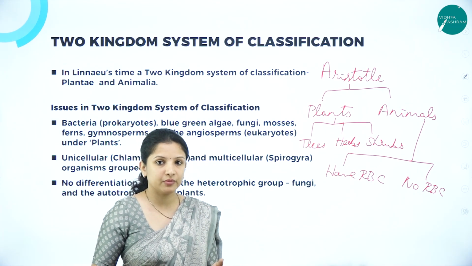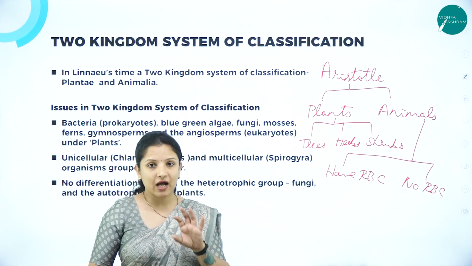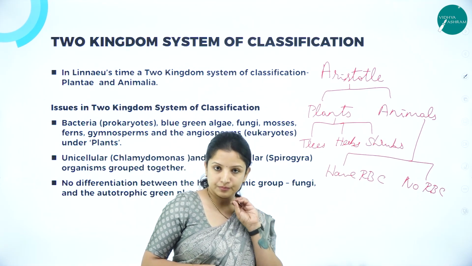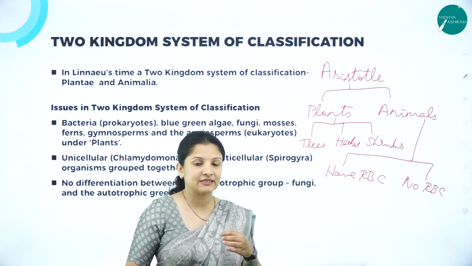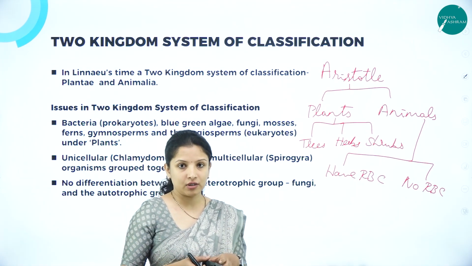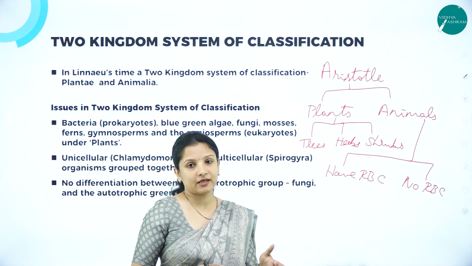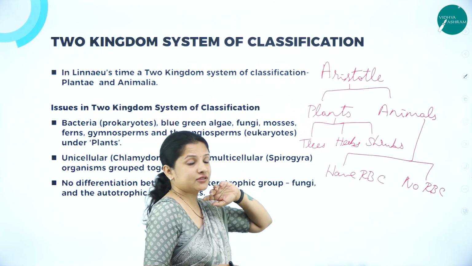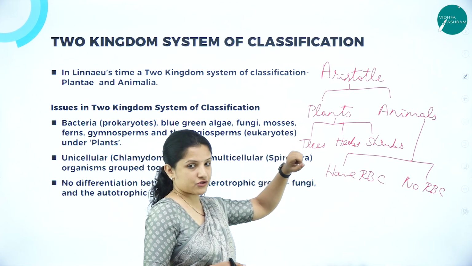Where exactly can we place all those members? Because algae, bryophytes and so on don't have a particular plant-like body, like how plants have stem, leaves and so on. These bryophytes and algae don't have stems and leaves. Instead, they have a thallus. So where can we place them exactly? Because they are neither trees, nor herbs, nor shrubs. There was a lot of confusion regarding this.